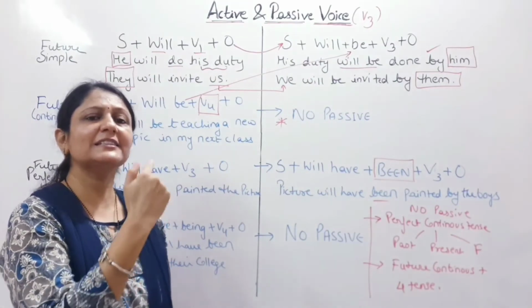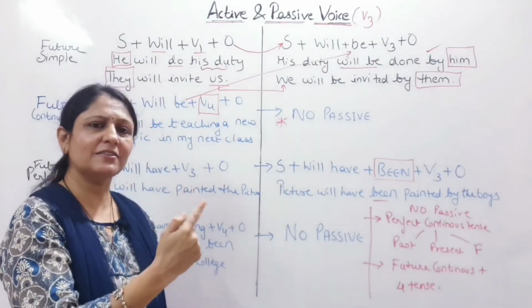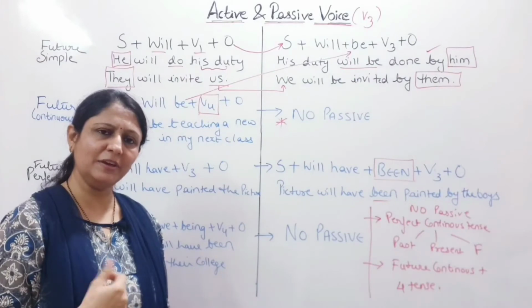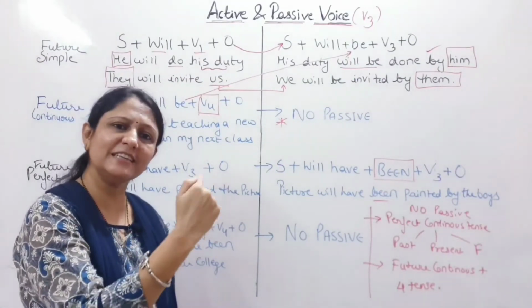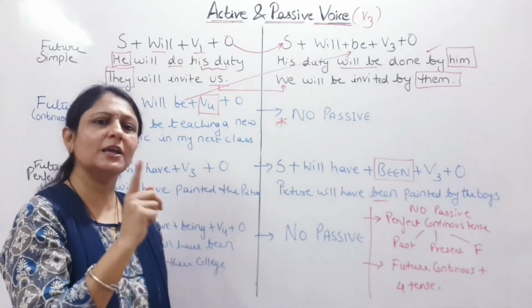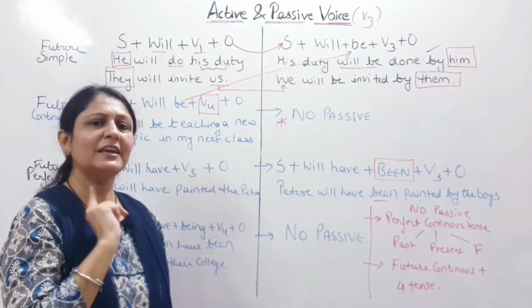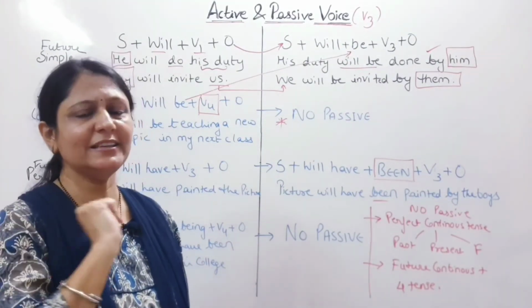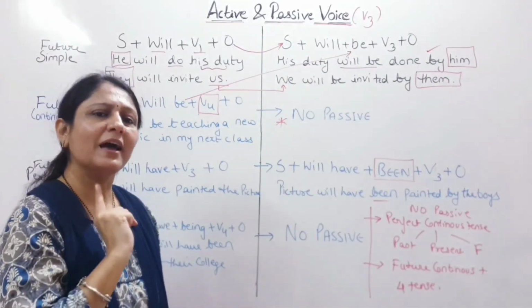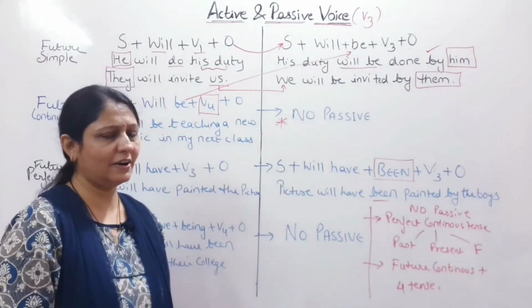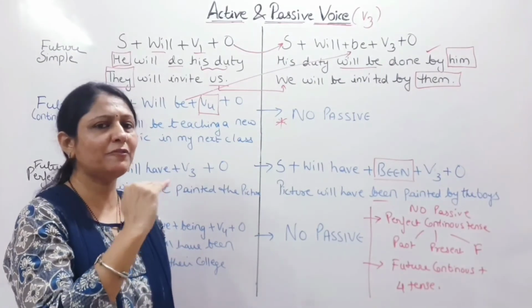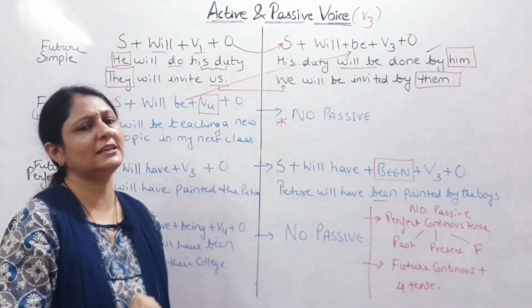Ravi ate an ice cream. An ice cream was eaten by Ravi. Ravi was eating an ice cream. An ice cream was being eaten by Ravi. Ravi had eaten an ice cream. An ice cream had been eaten by Ravi, and there was no perfect continuous tense for past tense also.